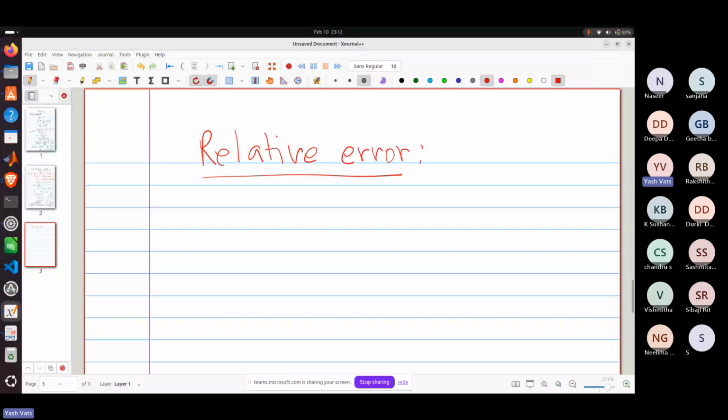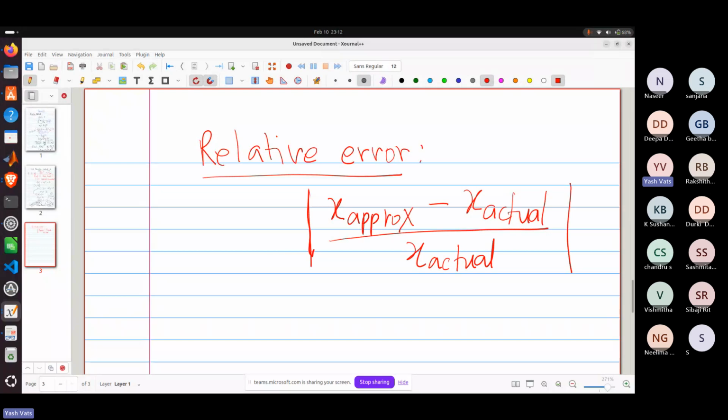Relative error measures the difference between the approximate and the exact solution, so you need the exact solution of the equation or a nearby approximation. The definition is (x approx minus x actual) divided by x actual. So it's how far we are from the actual solution.